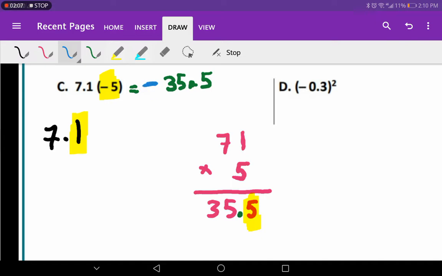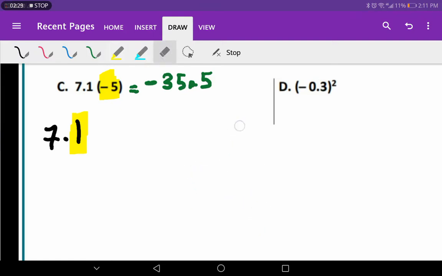So again, if you multiply a positive number by a negative number, all of the time the answer must be negative. Okay, my dear student. So it is negative 35 and 5. Okay, this is the first one.